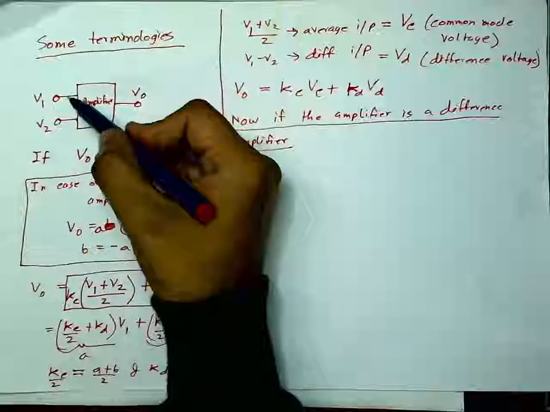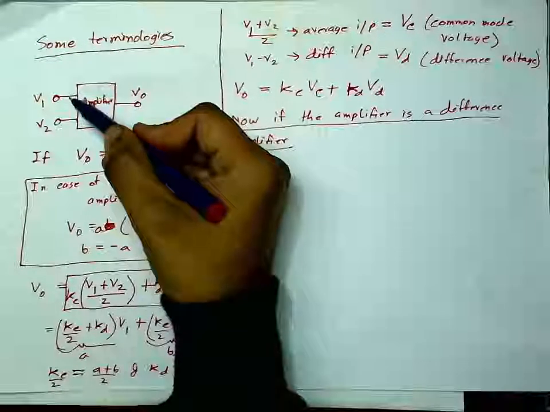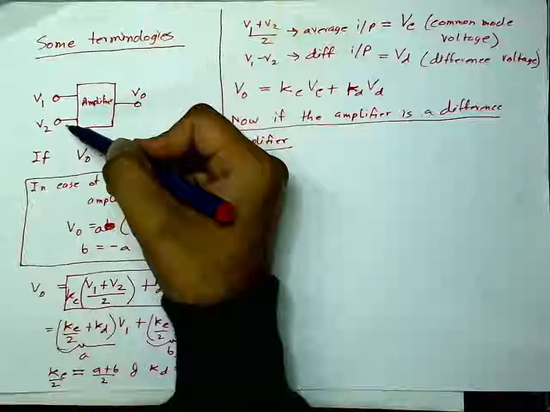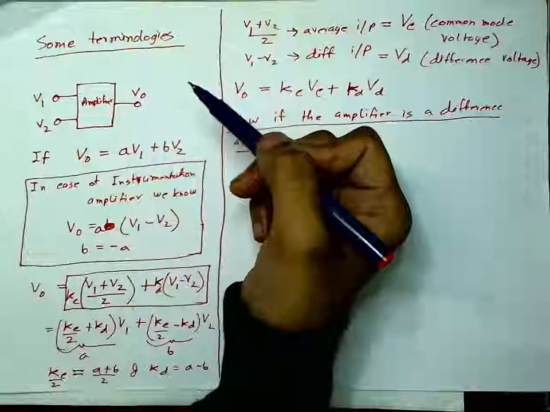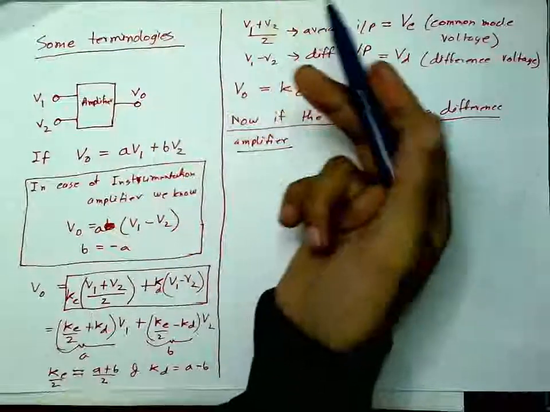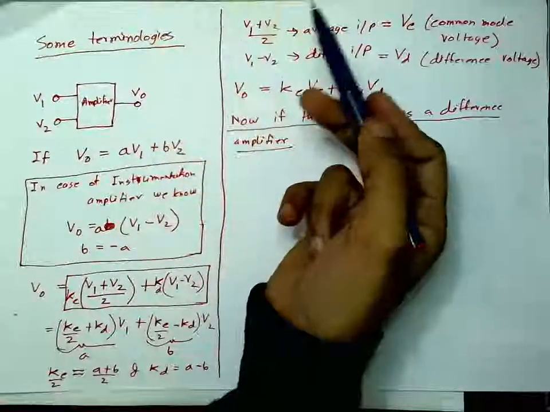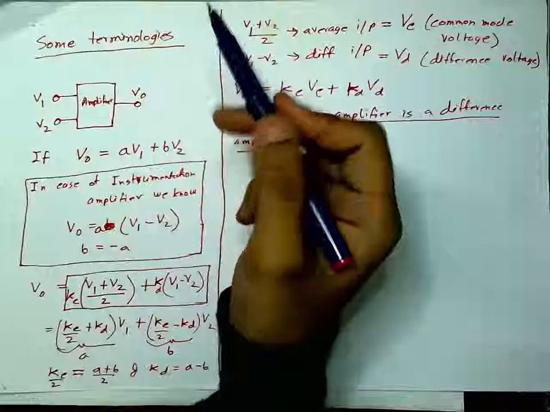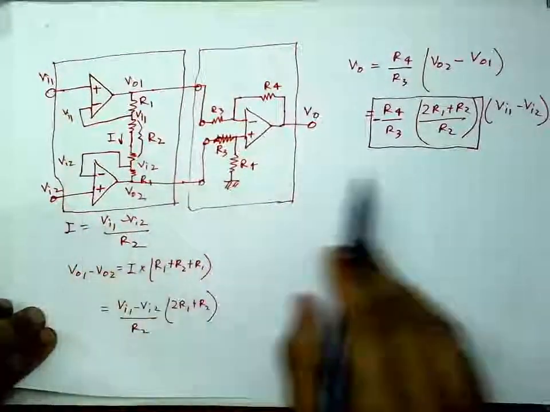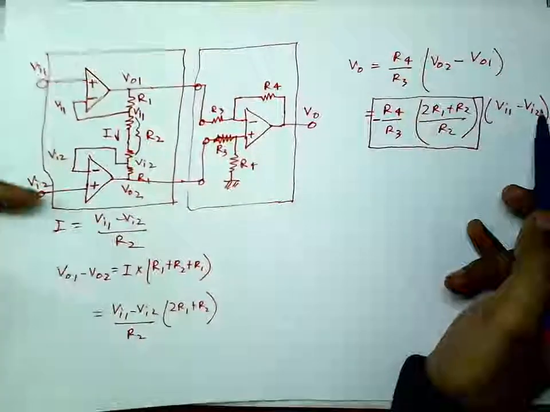So if I give 5 volt and 6 volt, the output should be the same as when I give 10 volt and 11 volt or 100 volt and 101 volt. The output should only depend on the difference. For example, like the instrumentation amplifier which we have talked about. In this derivation, you see the output depends only on the difference of the two inputs.